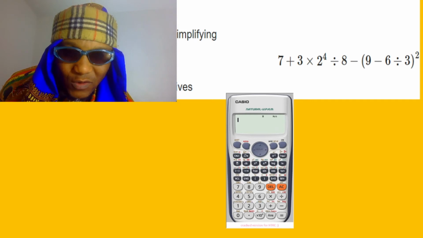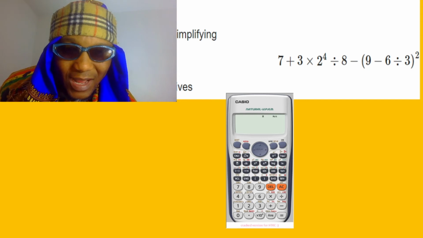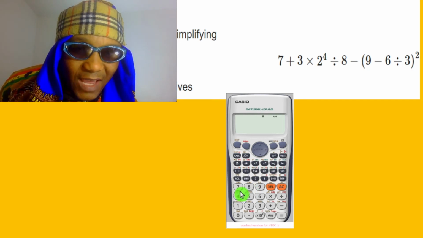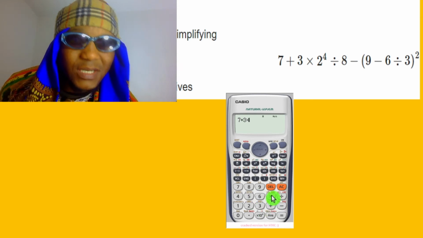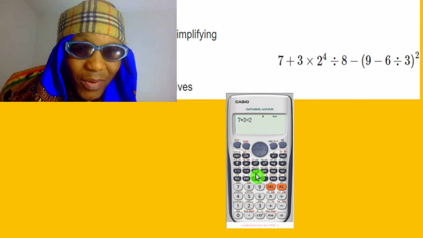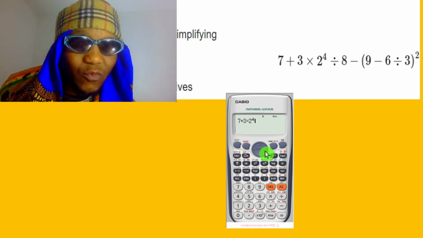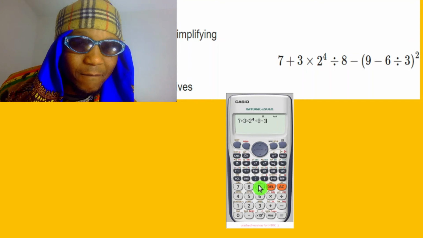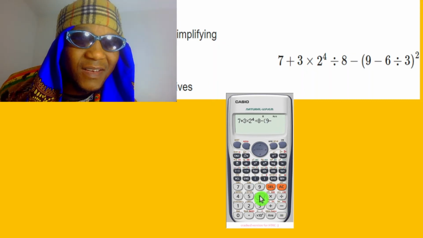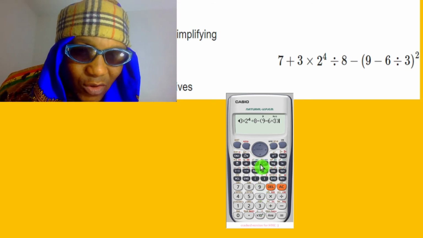We can just say 7, plus 3 times 2 to the power 4, divided by 8 minus bracket 9 minus 6 divided by 3 bracket, squared.